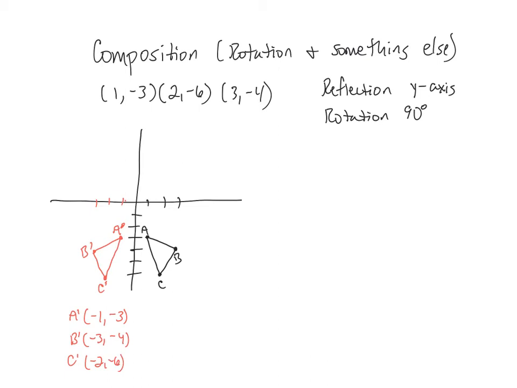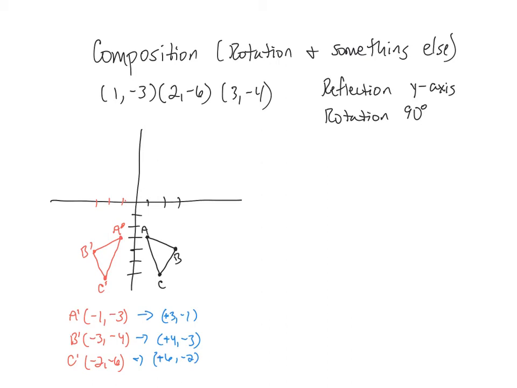Okay, so the reason that I write them down like that is because now if I'm going to do a 90-degree rotation, I'm going to switch them. Okay, but on this one, the y part, when it becomes the x part, you do the opposite. So I'm going to do +3. So I switch them, but the new x becomes positive, and I switch them, and that one becomes positive.